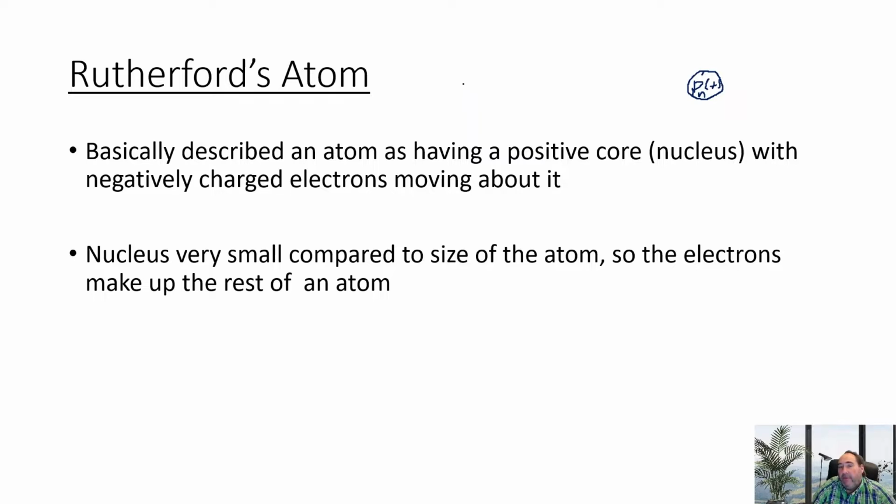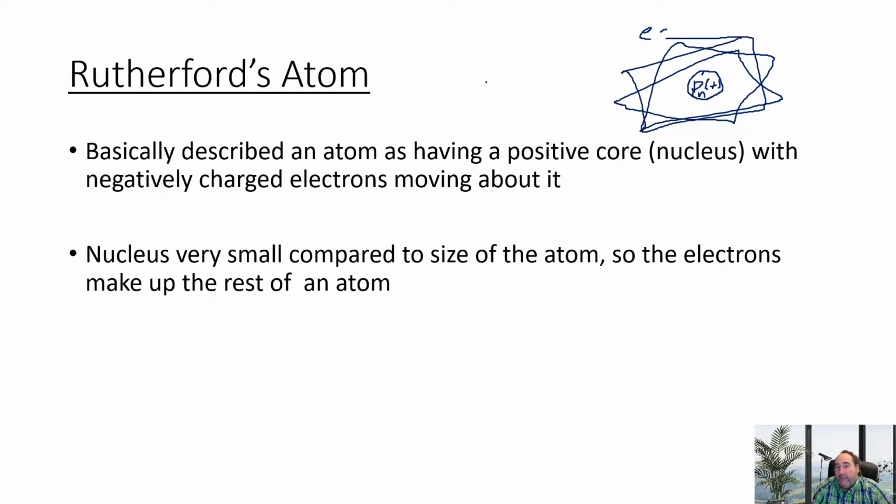Outside of the nucleus, in that empty space, we have electrons traveling around the nucleus. As we'll talk about in this chapter, they travel in a pretty random pattern. They don't travel in pretty orbits, which we'll talk about a little more.